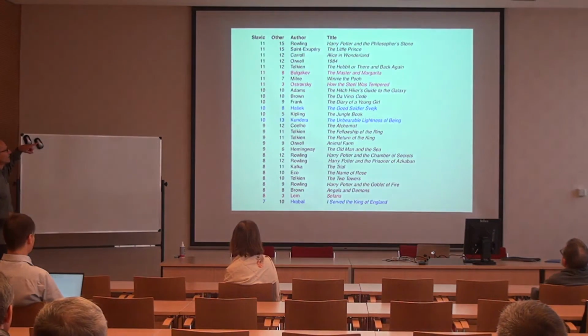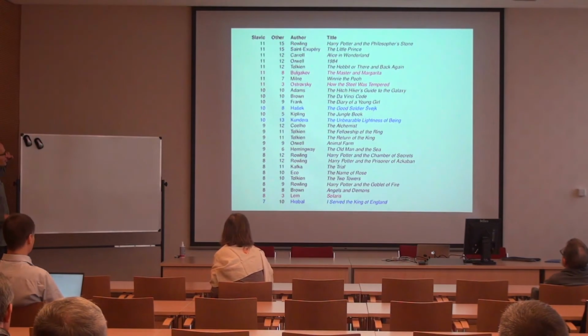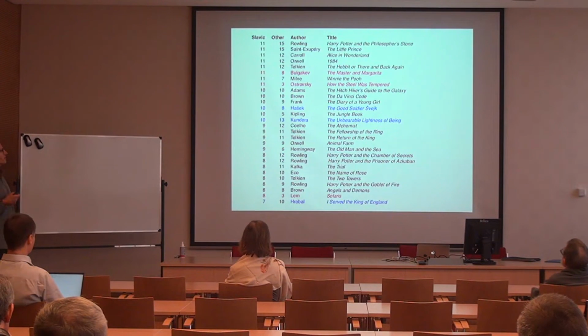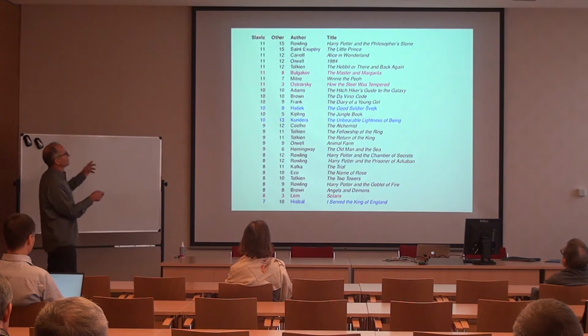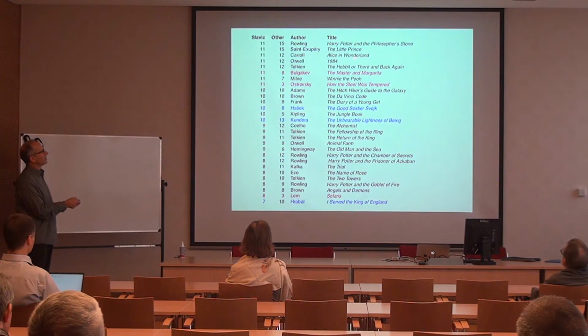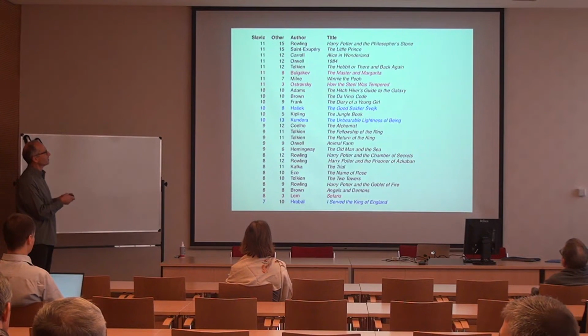This is the list starting from the most frequently translated, most represented title. It's Harry Potter and the Philosopher's Stone. Slavic and other are separate here. The Little Prince, Alice in Wonderland, 1984, again something from English. The Hobbit.